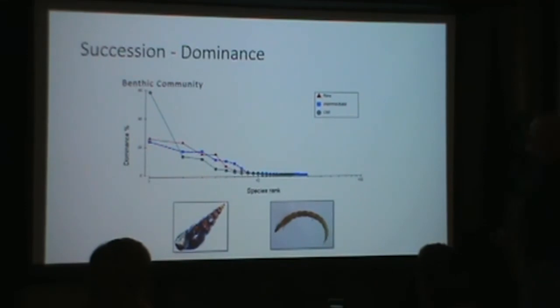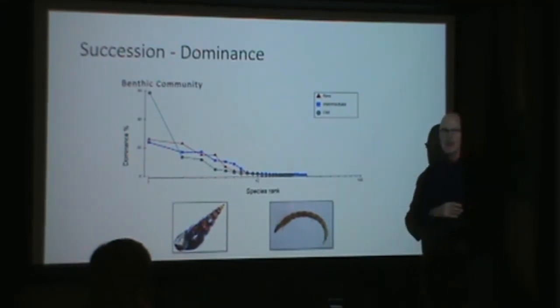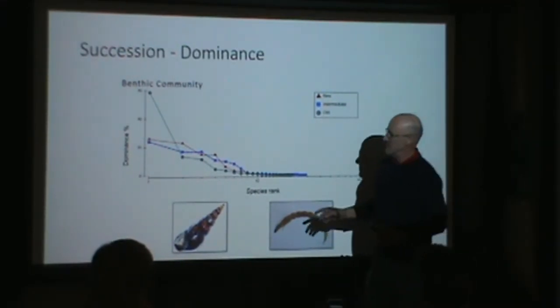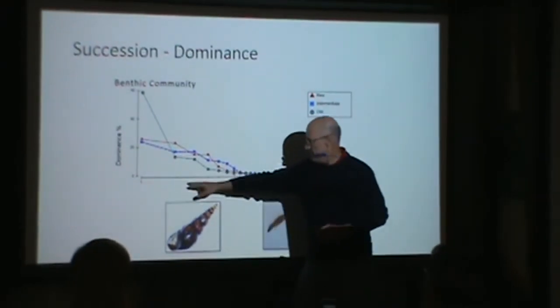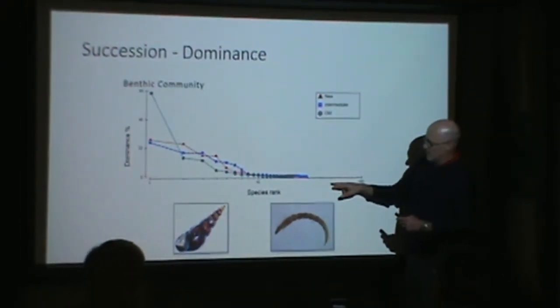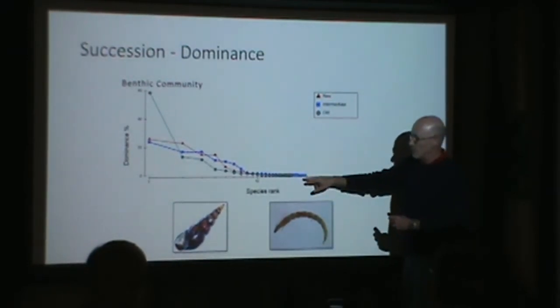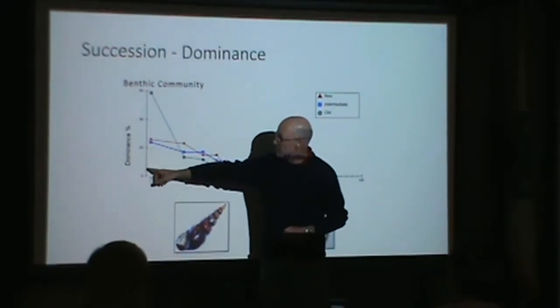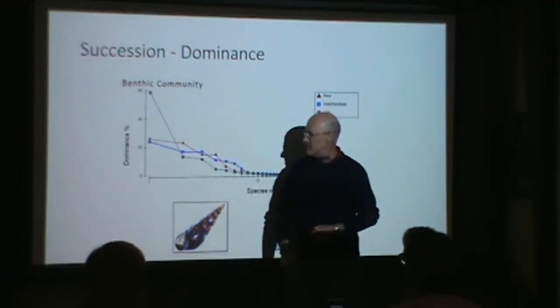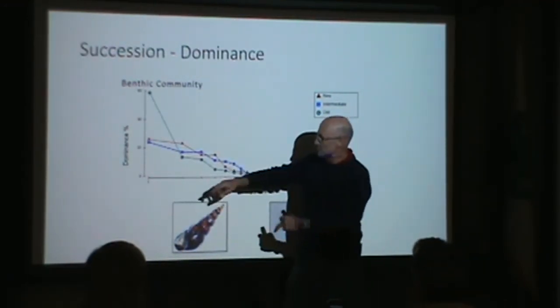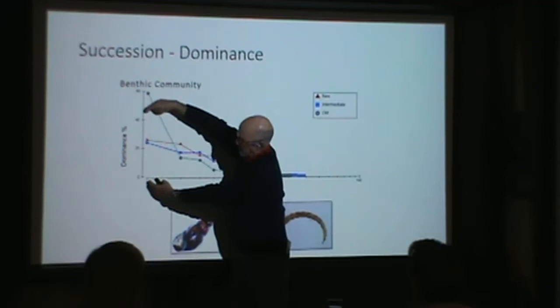This is a dominance plot, which shows how many species were found, on a semi-logarithmic scale, and how much each species dominates. The important thing about this graph happens right here.